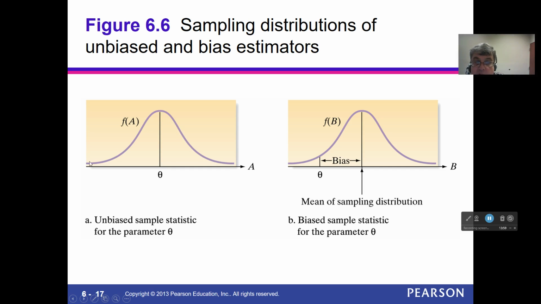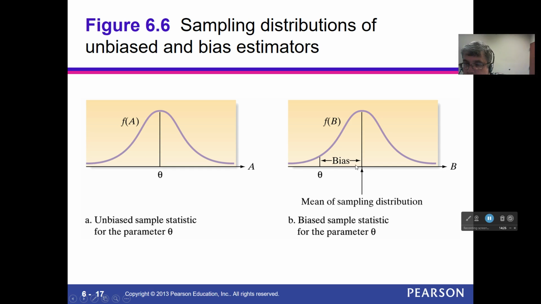So these are different values, or the probability of getting a different value, say from 0 to 100, for that population parameter from a sample mean. We get all kinds of different sample means depending upon which items we picked out of the population, okay? And that is an unbiased estimator of theta.